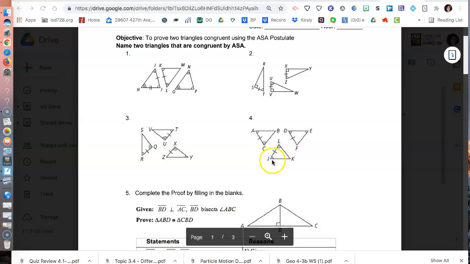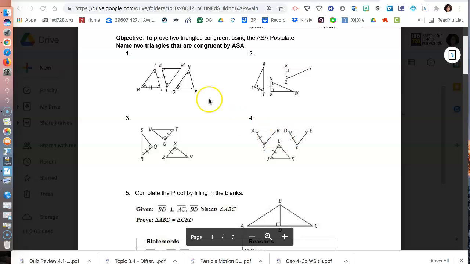I can see that I've got a single arc and a single arc and a single arc. All of these have a congruent angle. They all have a congruent double marked angle at L, C, and D. But the side on this one, on DF, isn't the one smashed between the two angles.